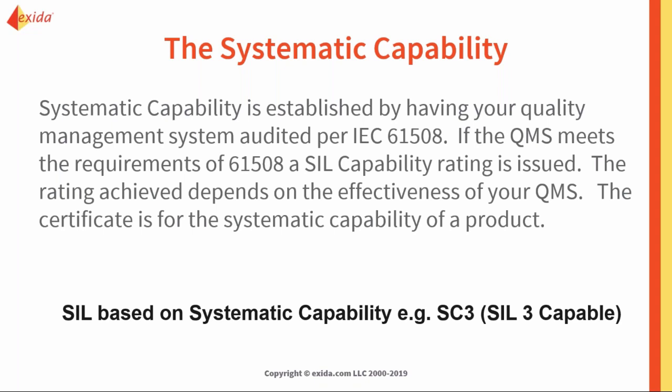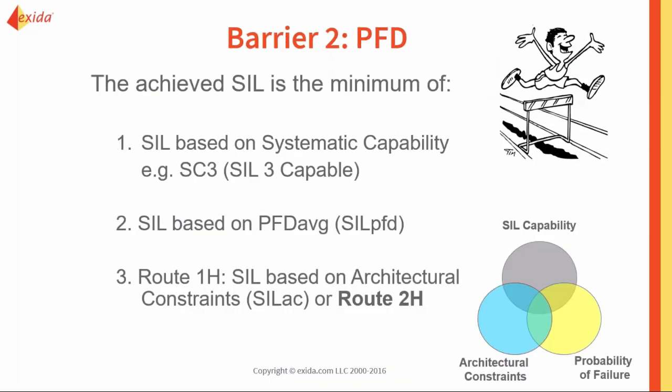So if you see something like SIL 3 capable, you now know that it's talking about the quality management of that device and how many of those requirements it really did meet compared to other products out there. I'll show you an example later of what a certificate looks like and where you can find this information exactly. So the first barrier is pretty self-explanatory. It doesn't take too much information to get, and there are a lot of requirements for it.